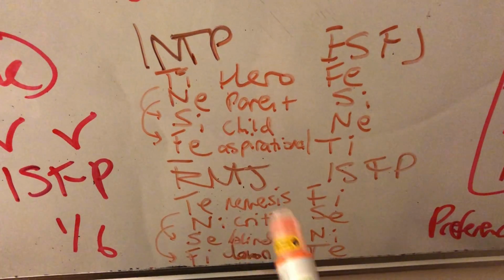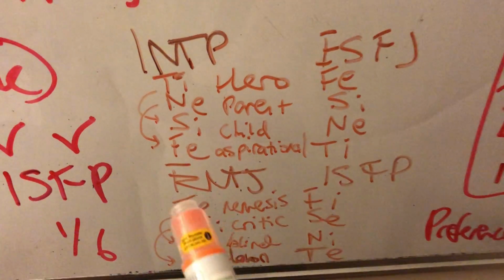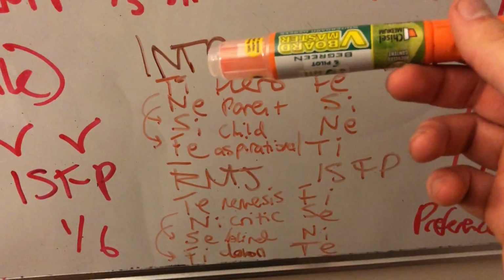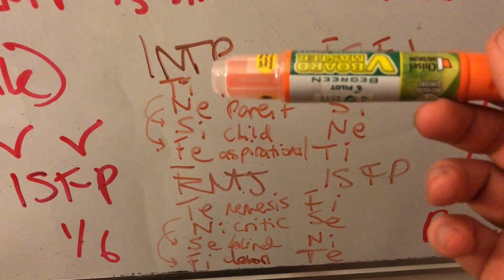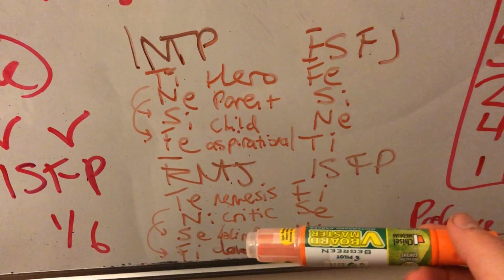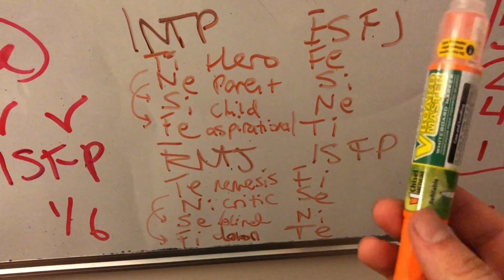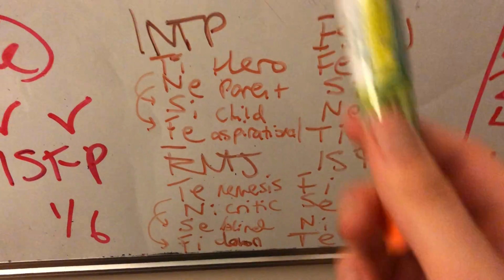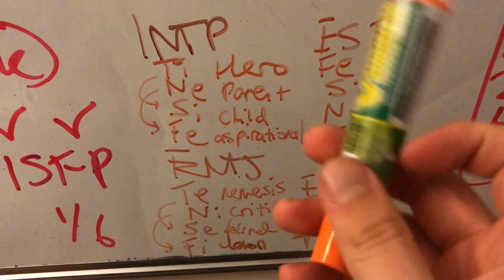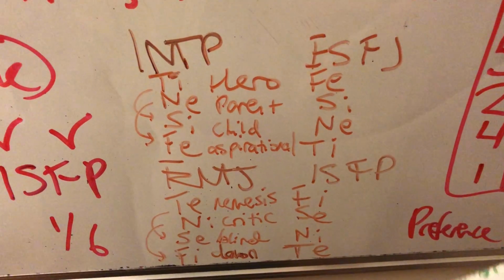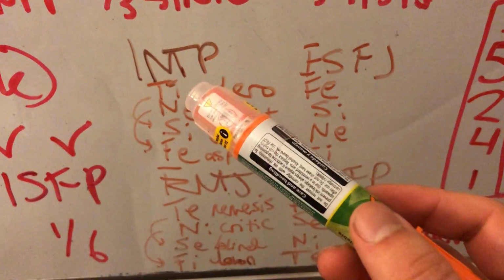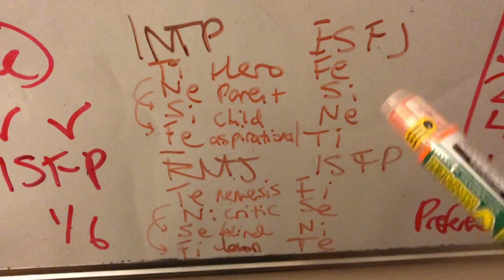SE blind can also be thought of as all-seeing. If you make these in context in terms of TI hero, for example, SE blind is seeing the narrative, seeing all possible narratives through logic, whereas an ESFP, which is the total opposite, they are TI blind and SE hero, will see the logic in all narratives.